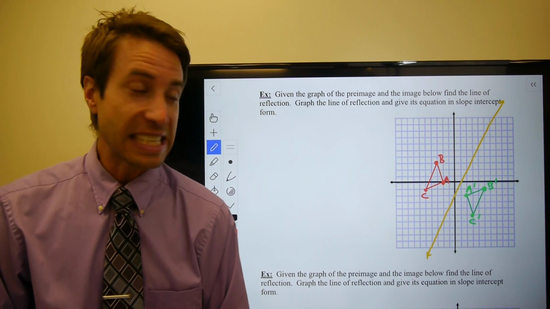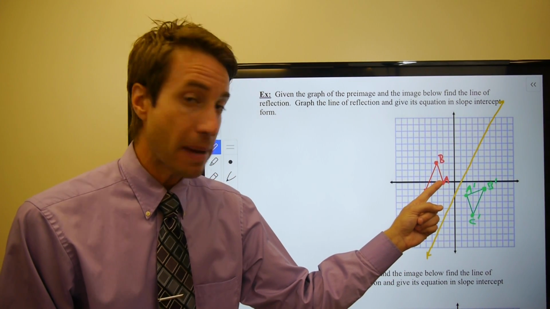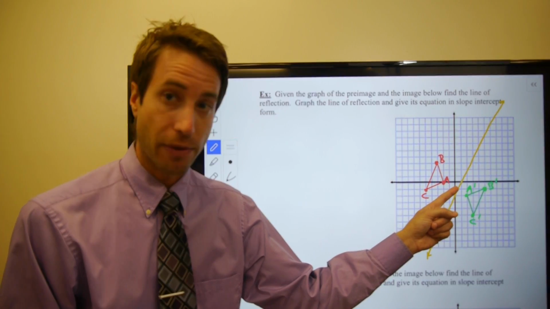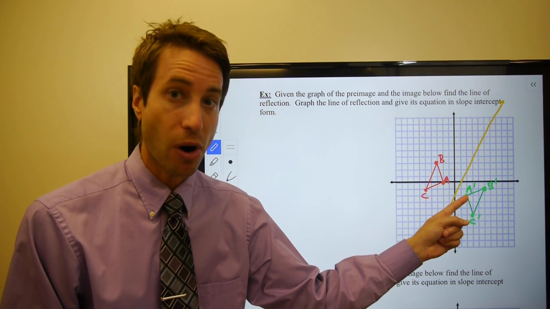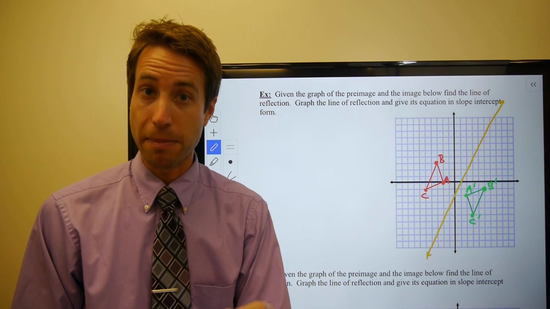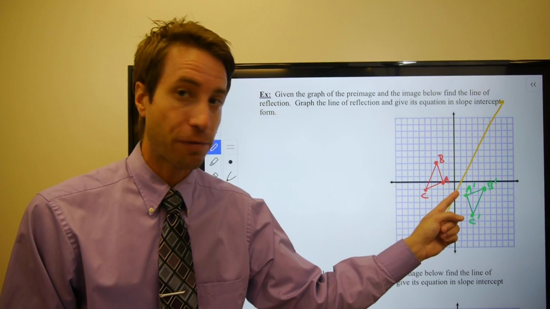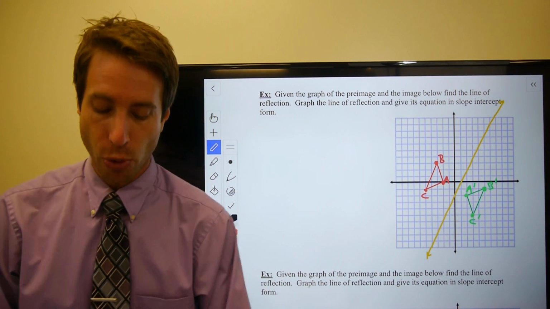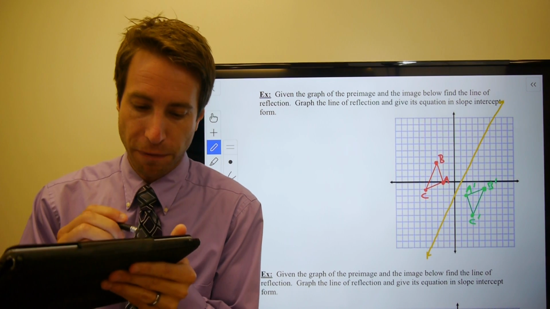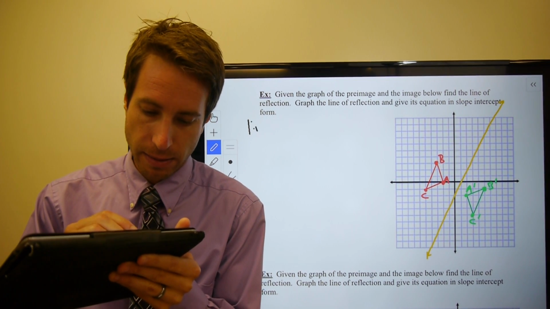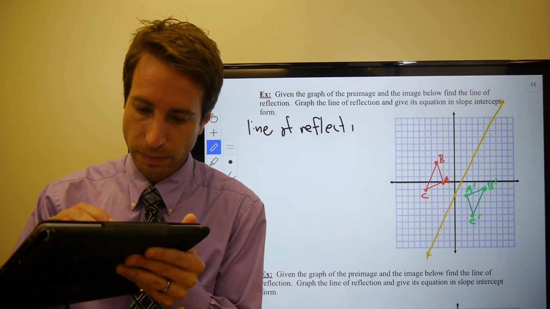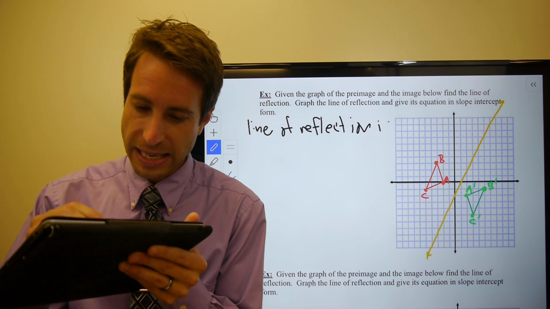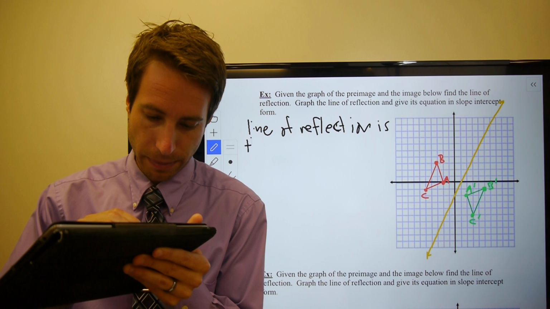The idea is this. The distance from A to the line of reflection and the distance from the line of reflection to A prime should be the same, meaning the line of reflection is the midpoint between the 2 figures. The line of reflection is the midpoint.